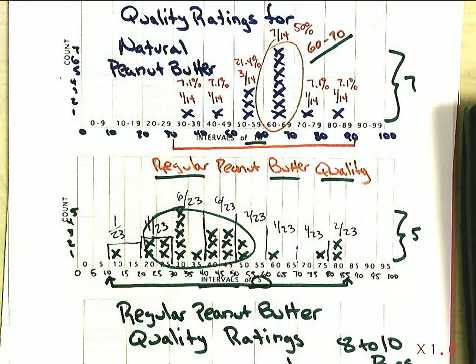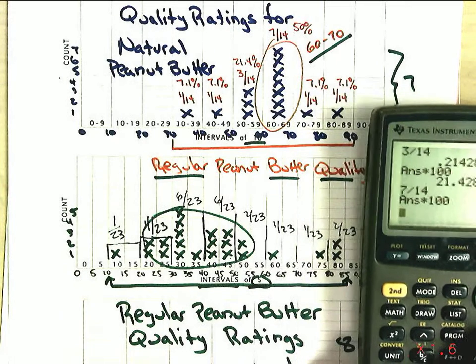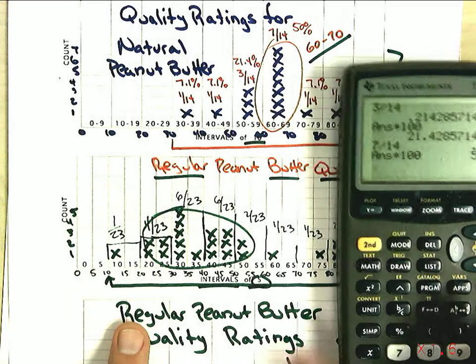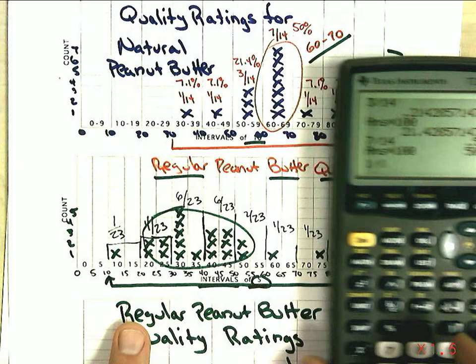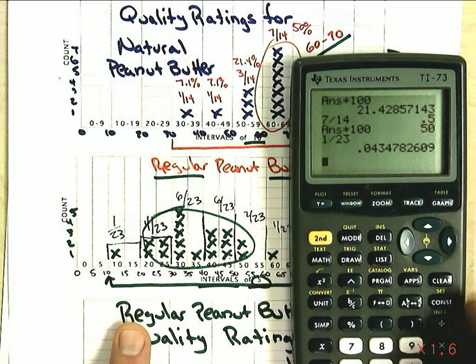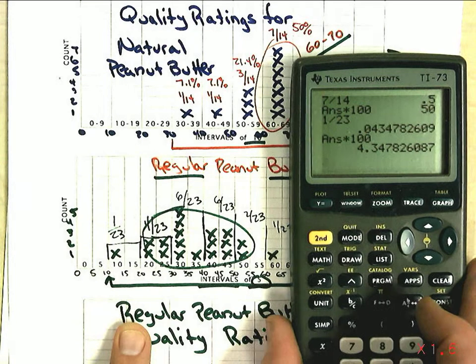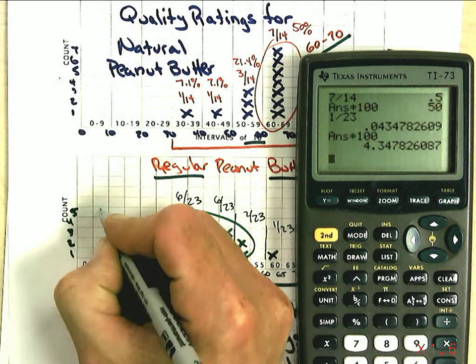And so now I need to turn those into percents so that I can use those for relative frequency. So 1 divided by 23, and I can multiply it by 100 if I don't know how to move the decimal point. So it's about 4.3%.